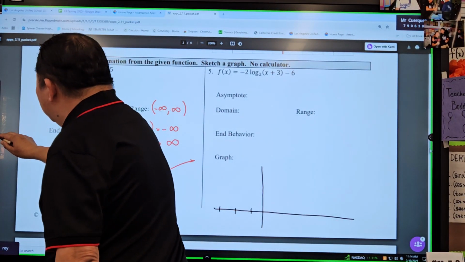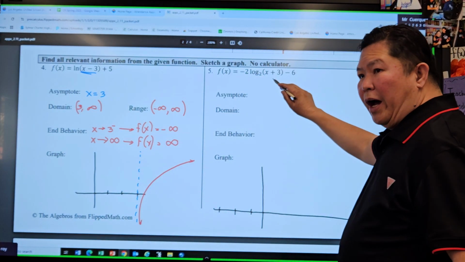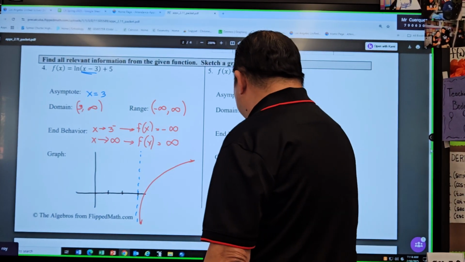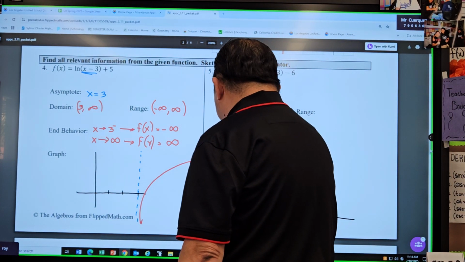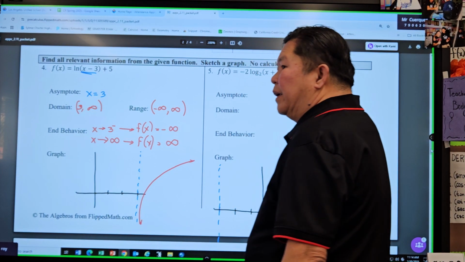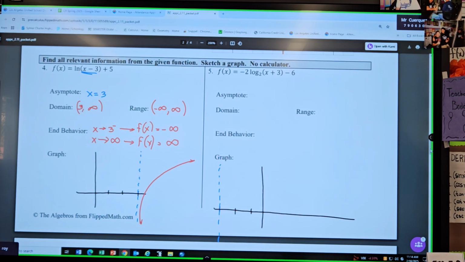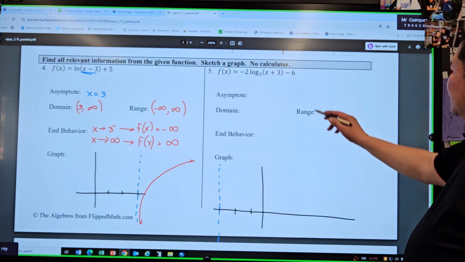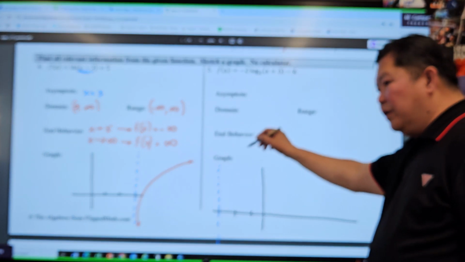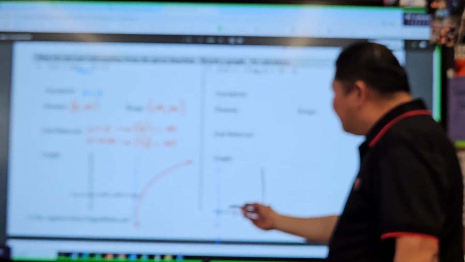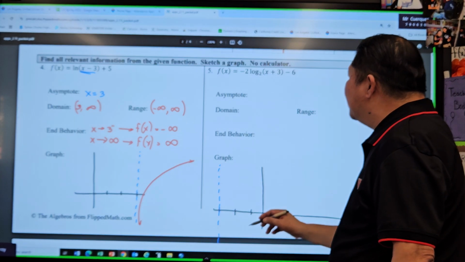So we have x equals negative 3. This is the vertical asymptote. That means we expect the graph to lie on the right side. Then negative 6, so shifted down 6. So, left 3 and then down 6.